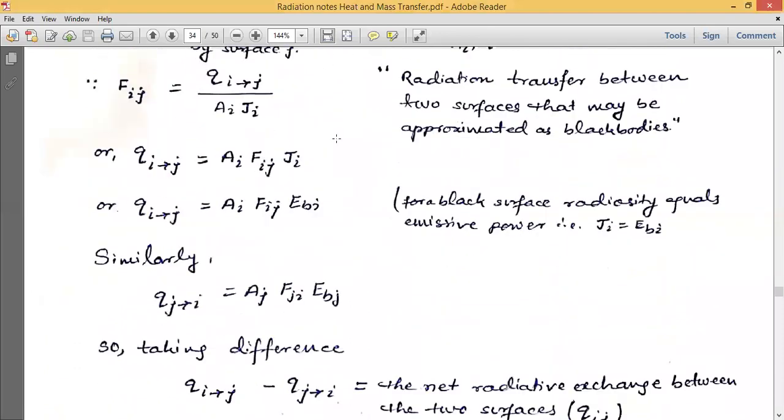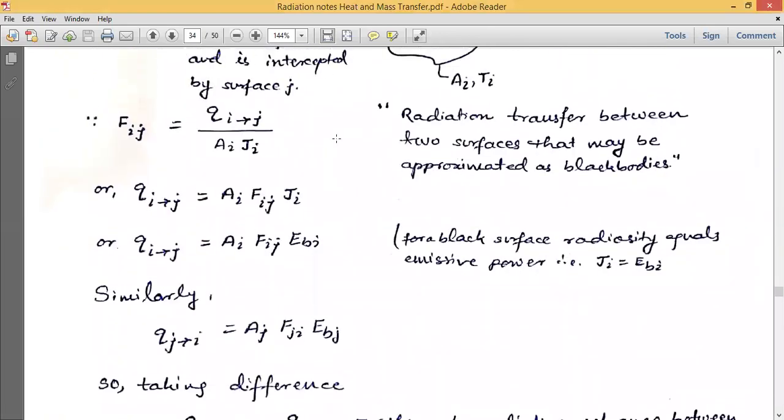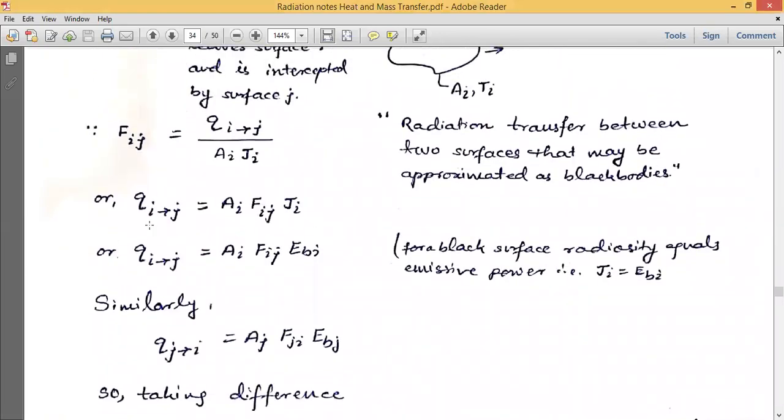We can say that Qij is the amount of radiation that is intercepted by surface j, which is coming out of surface i.